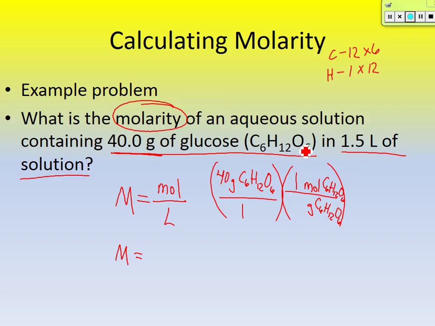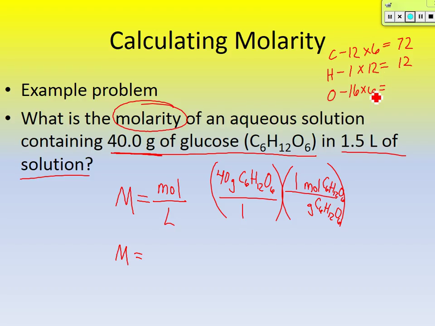Now let's go to the next element, oxygen. What's the molar mass of oxygen if you look at the periodic table? 16. How many oxygens do I have in the molecule? 6. Okay, so if you times those through, isn't 12 times 6, what is that, 72? 1 times 12 is 12.